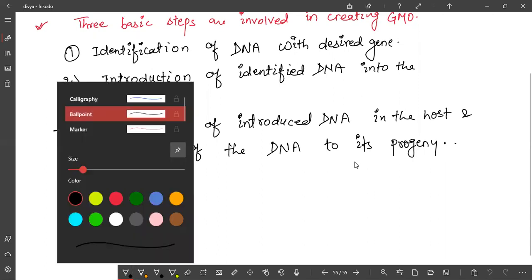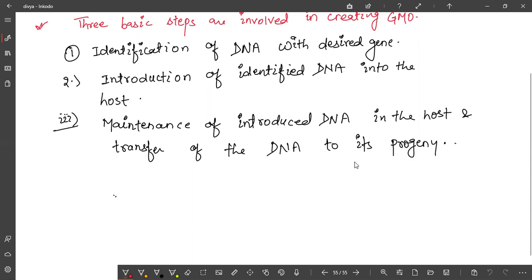The next topic we will study is the tools of recombinant DNA technology.